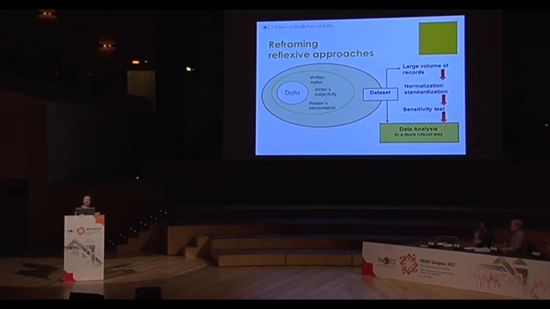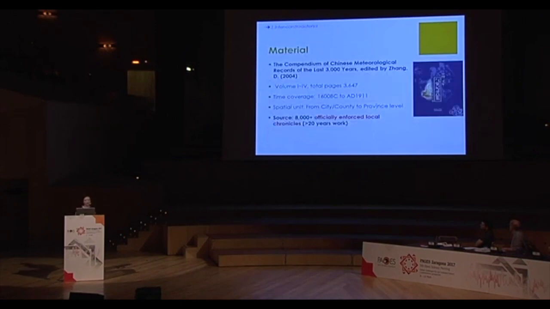By using this volume of records, you can do normalization or even standardization to understand your data, and then you can do some sensitivity tests to conduct your data analysis in a more robust way. So what does this mean? I will introduce more in the following slides.